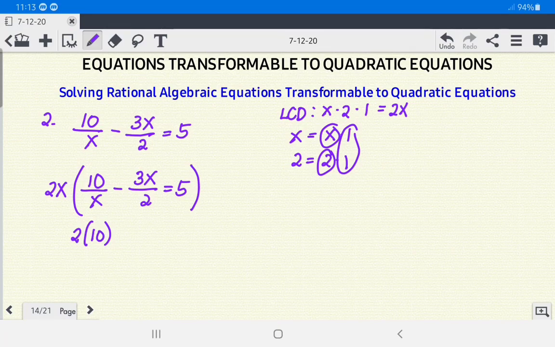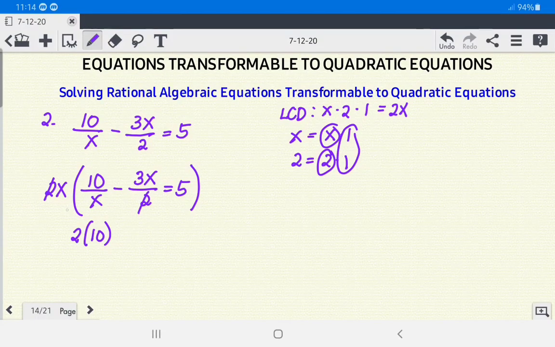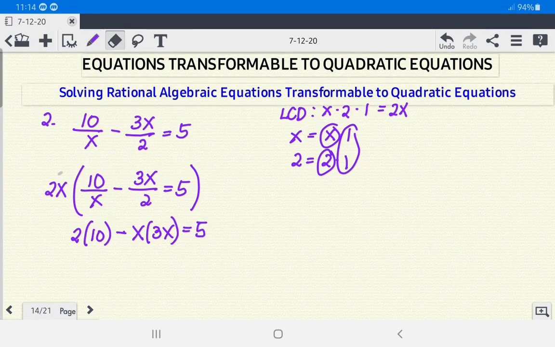Then we have 2 times 10. Next, 2x times 3x over 2. Here we can cancel 2. Then we just multiply x times 3x, so minus x times 3x. Then equals 5. Again, multiply 2x times 5, so we have 5 times 2x.